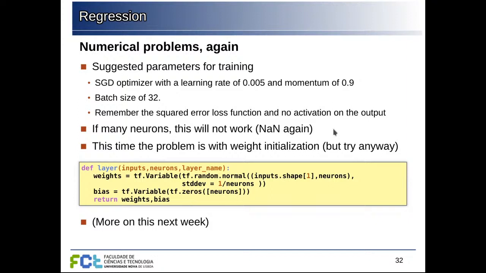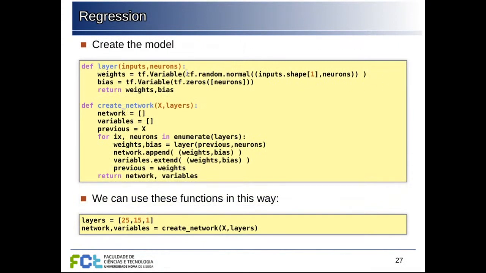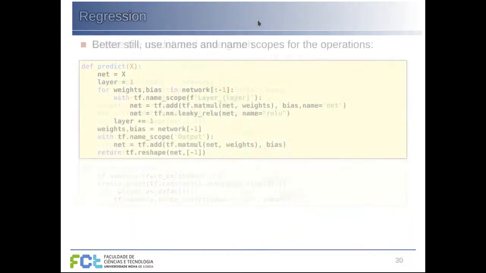But the problem here is that if we have many neurons, then even this original initialization using a normal distribution, which by default has a standard deviation of 1, can give you weights that are large enough so that when you have lots of neurons and with a rectified linear unit activation, which doesn't cap at 1, it can be larger, you can start having inputs that are very large, and then you can have overflow problems in your network.